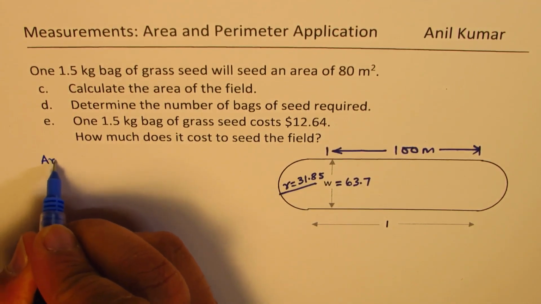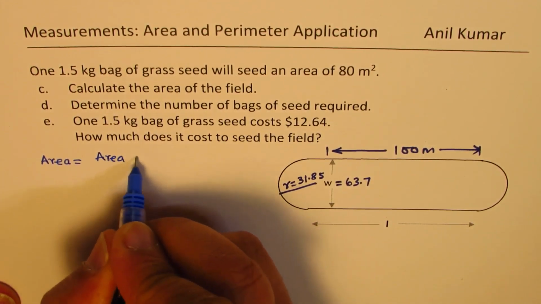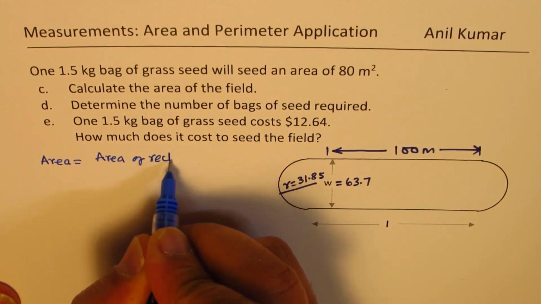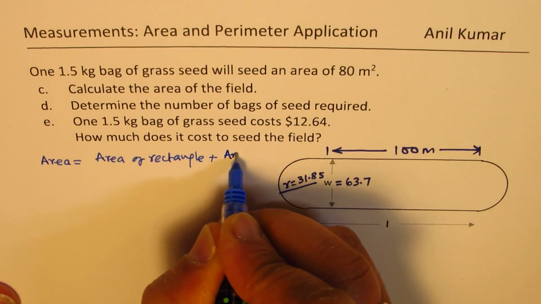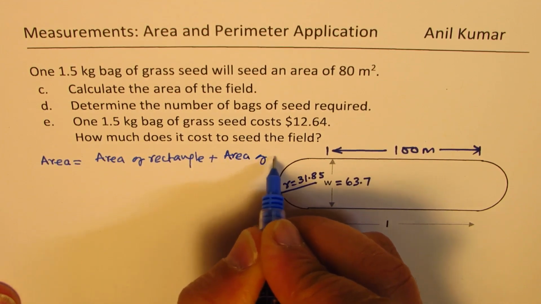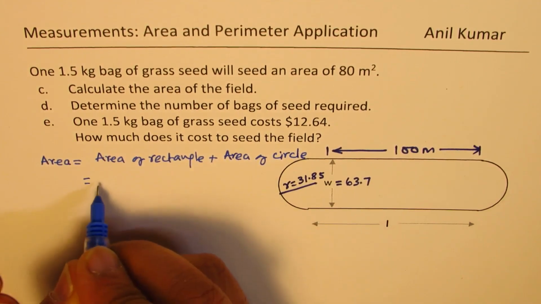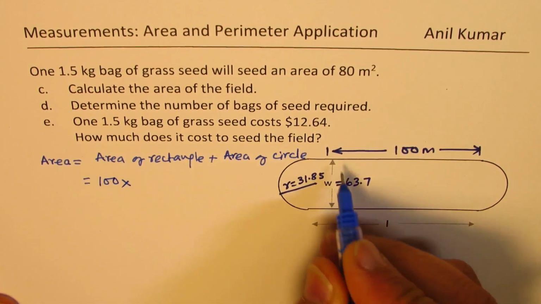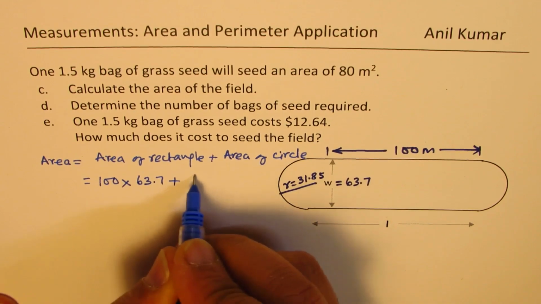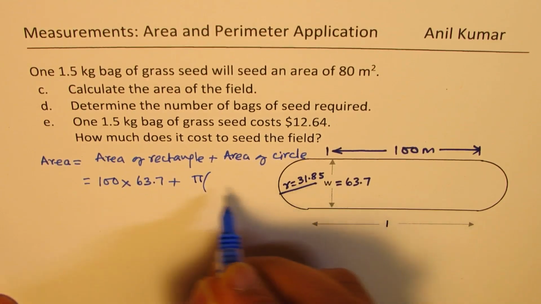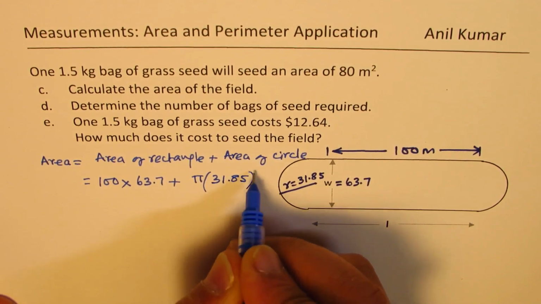So area equals area of rectangle plus area of circle. So area of rectangle in this case is 100 times the width, which is 63.7, plus area of the circle is pi r square, which is 31.85 whole square, correct?